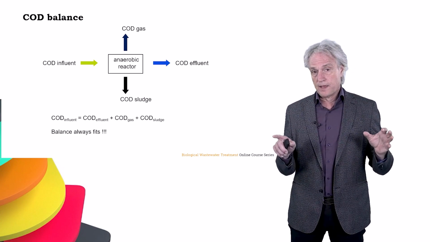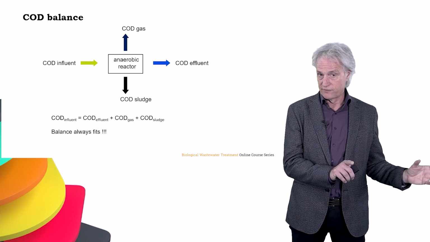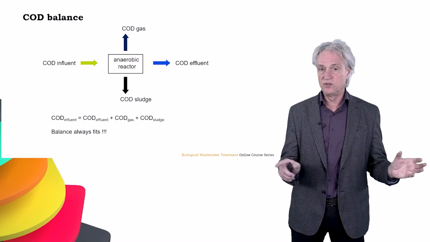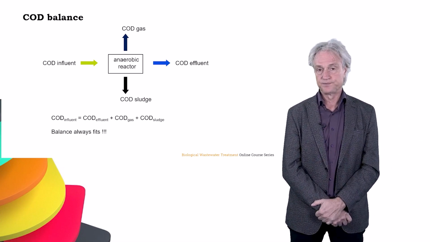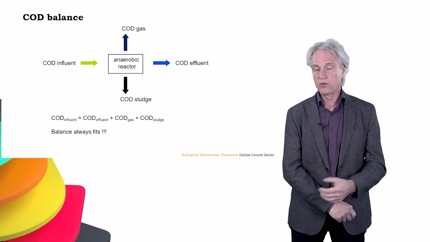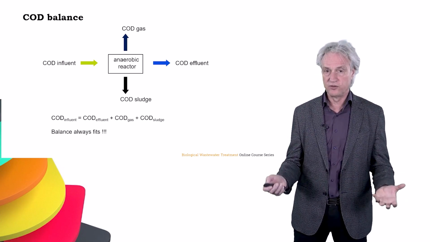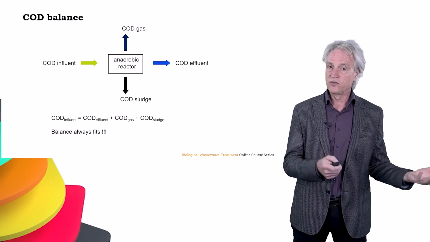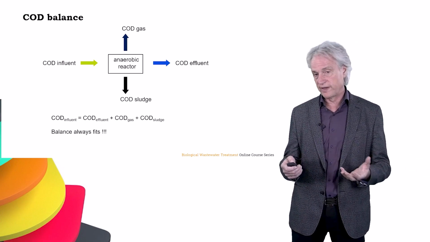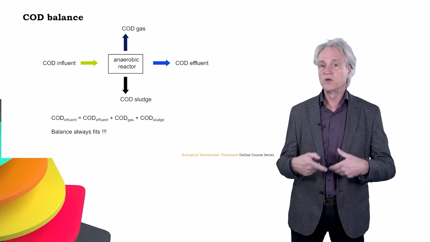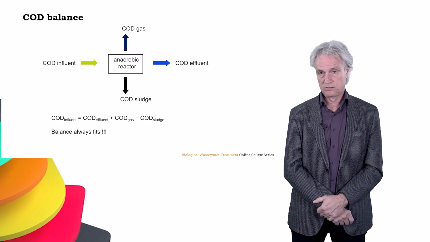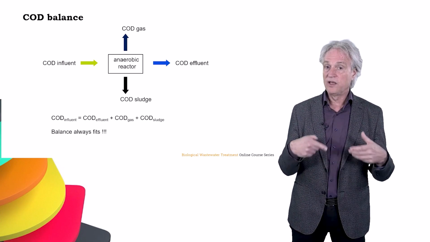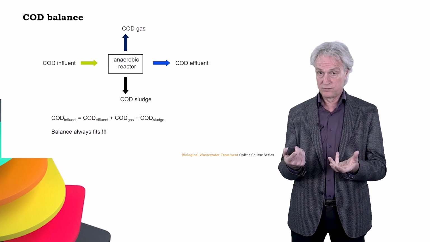Now, having explained the different fractions of COD, we can now make a COD balance over an anaerobic reactor. With an anaerobic reactor, we start with the influent COD. This influent COD is converted by anaerobic organisms into its product methane. That part is COD in the gas.